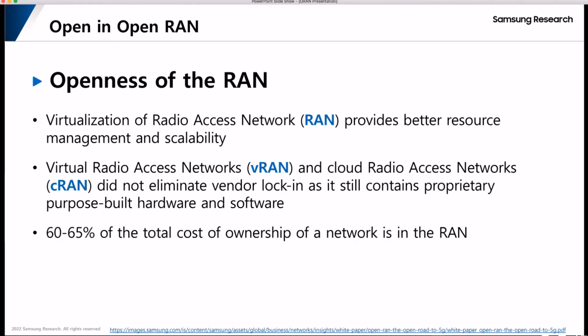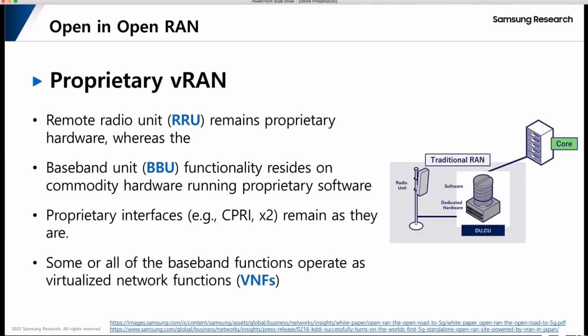Currently as well, 60 to 65% of the total cost of ownership of a network, so if you want to have your own network, most of your cost will lie on the RAN, or the radio access network. Here I'll just show you what a proprietary vRAN would look like.